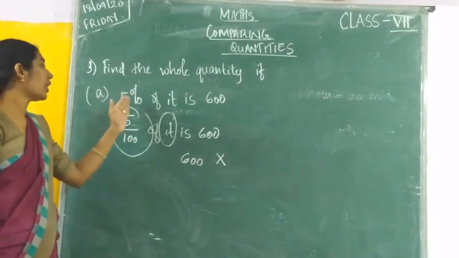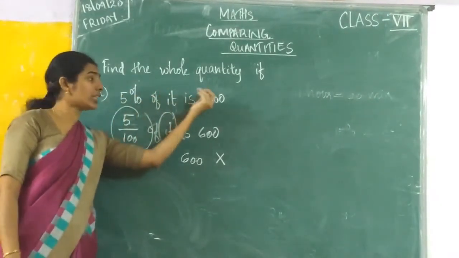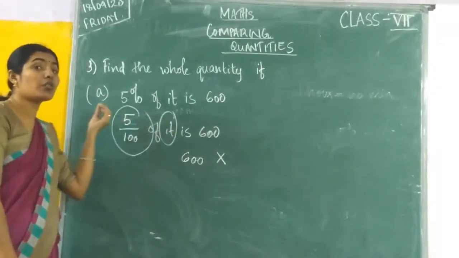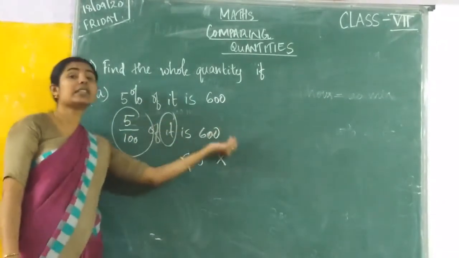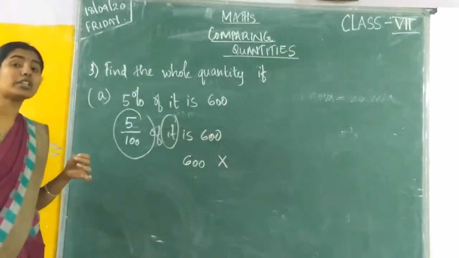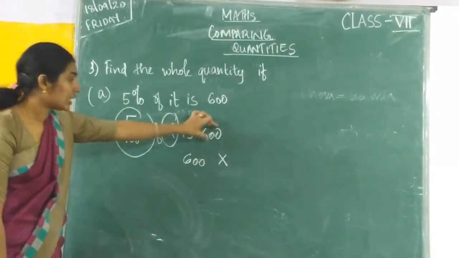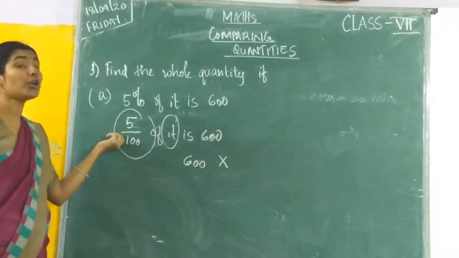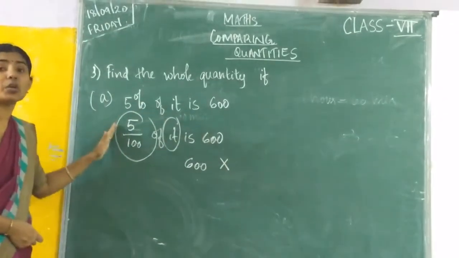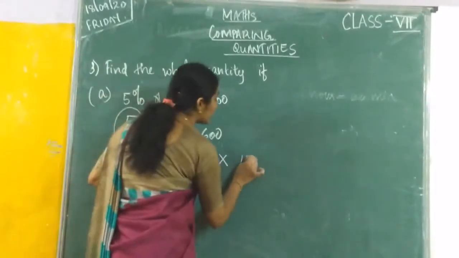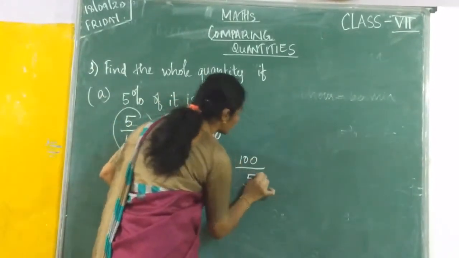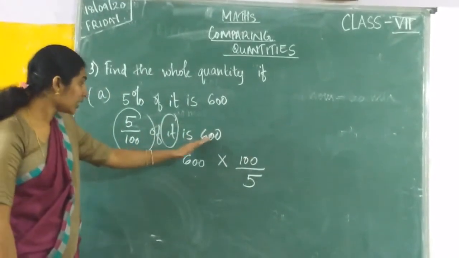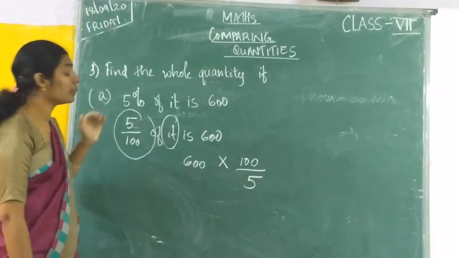See here, 5% of one whole quantity is 600. 5% means 5 by 100. So 5 by 100 of the whole quantity is 600. So how to find the whole quantity? 600 should be multiplied with the reciprocal of this fraction. What is the reciprocal of this fraction? 100 by 5. So 600 multiplied by 100 by 5.